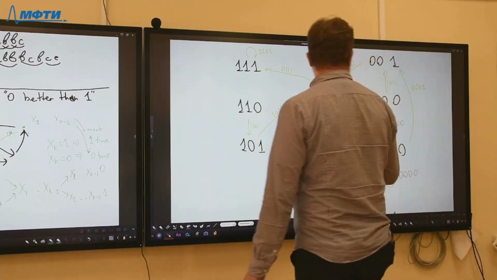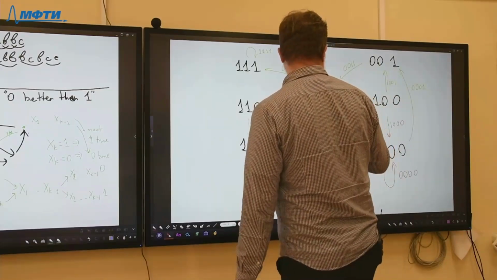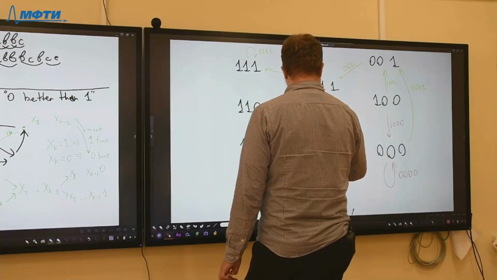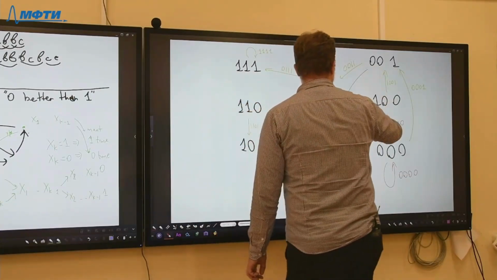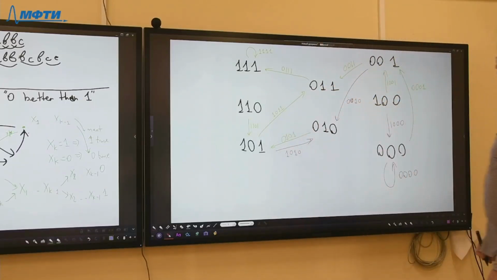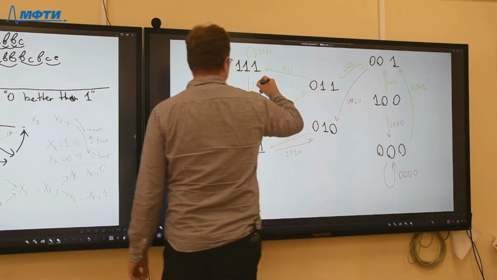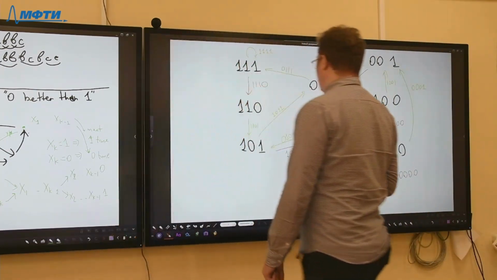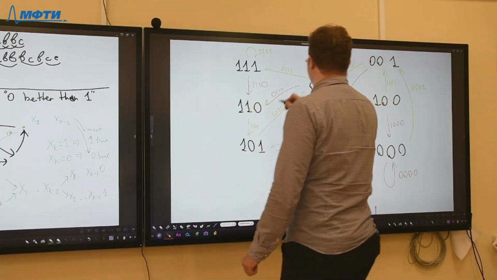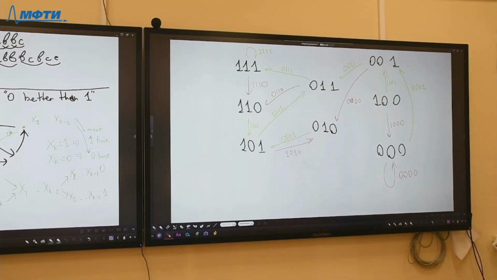So if it ends on 2 zeros, okay. If it ends on 0, 1, it will be this one, and this one, 0, 1, 0. If it ends on 1, 1, then we have here 1, 1, 1, 0, and here 0, 1, 1, 0. Okay, and the last one will be 0, 1, 0, 0.